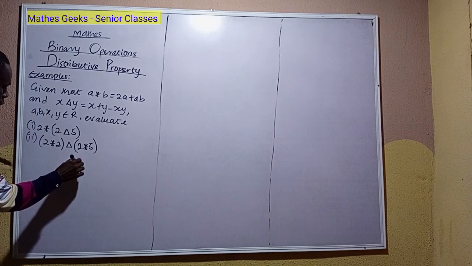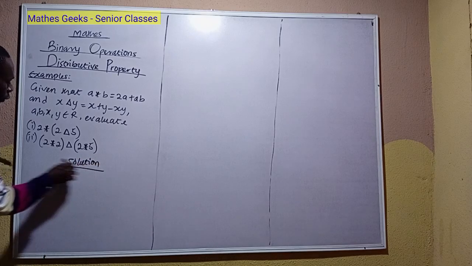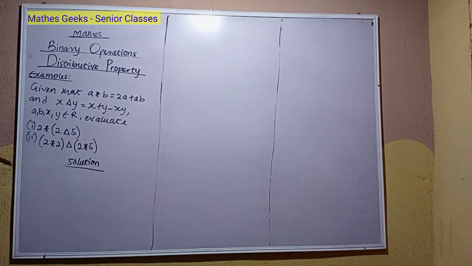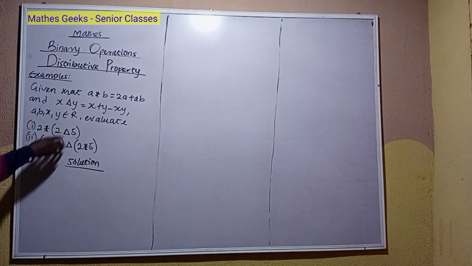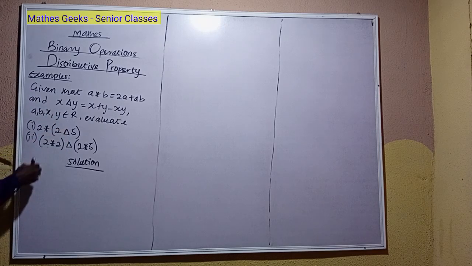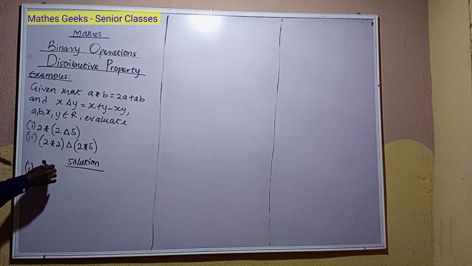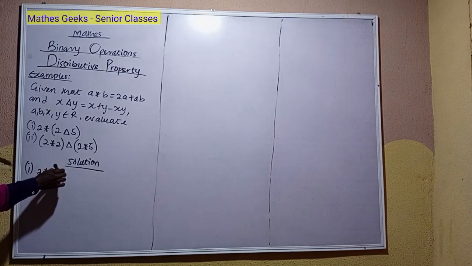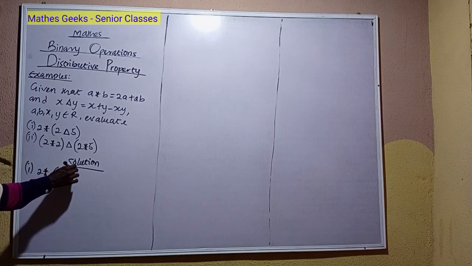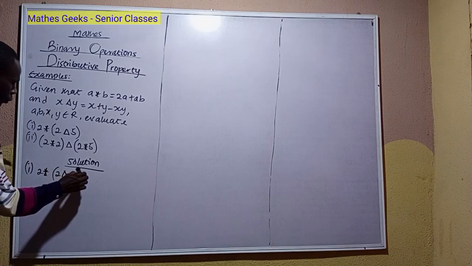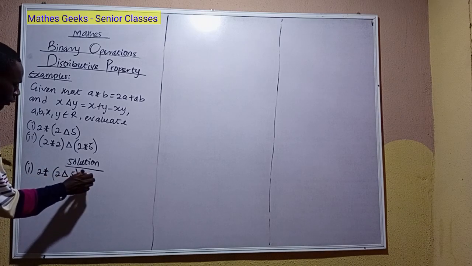The solution: since we have two unique operations, it clearly tells us that this is the distributive property, where star distributes over the ∇ operation. Okay, so let's begin. Figure 1: 2 star (2 ∇ 5). So we're going to start with this bracket.